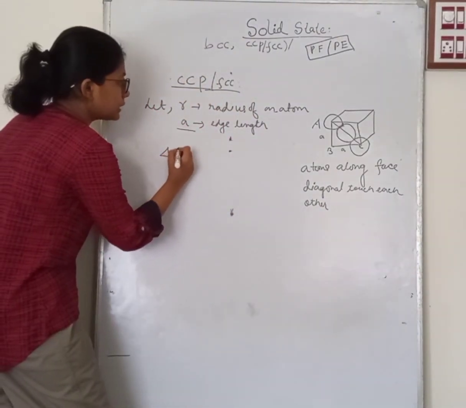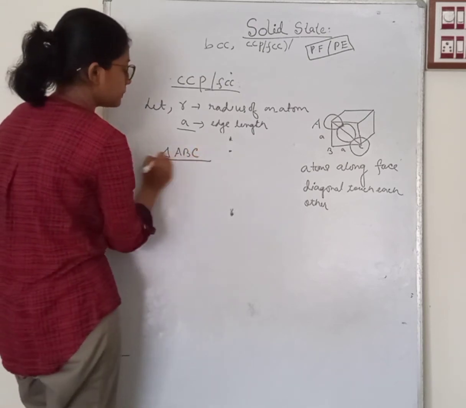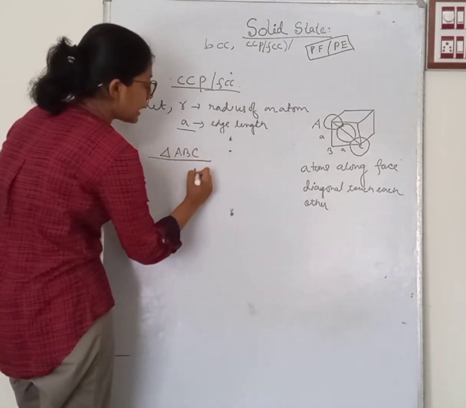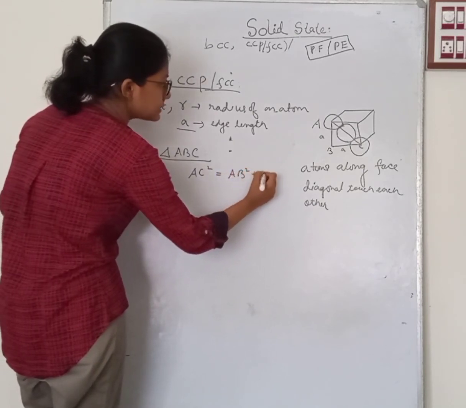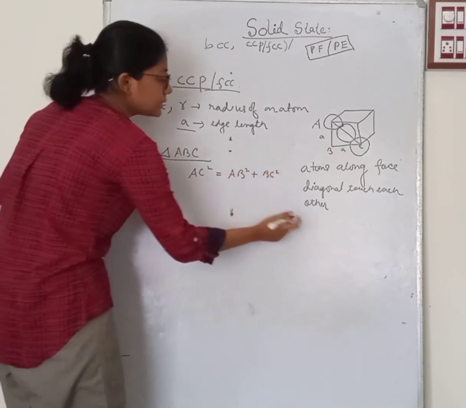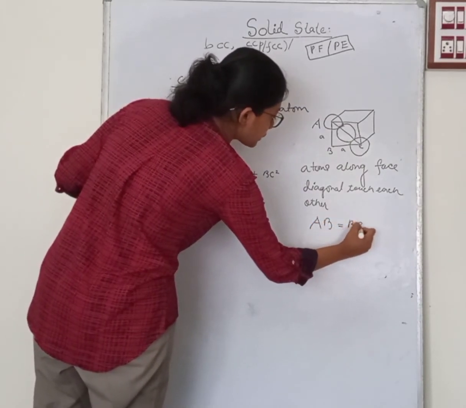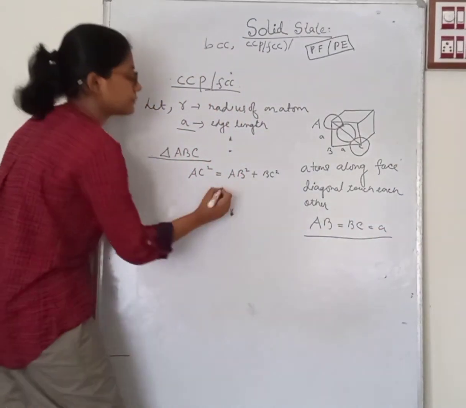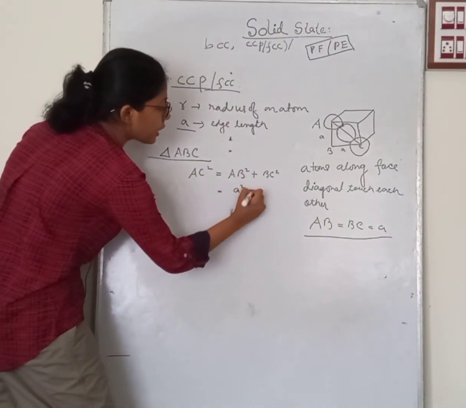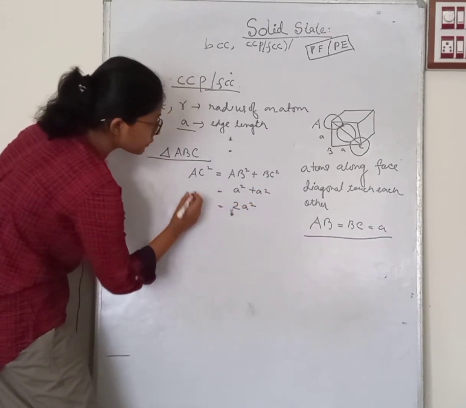Therefore, from triangle ABC, AC square is equal to AB square plus BC square. Now we know that AB is equal to BC is equal to a, because a is the edge length. So it will be a square plus a square, we will have 2a square.